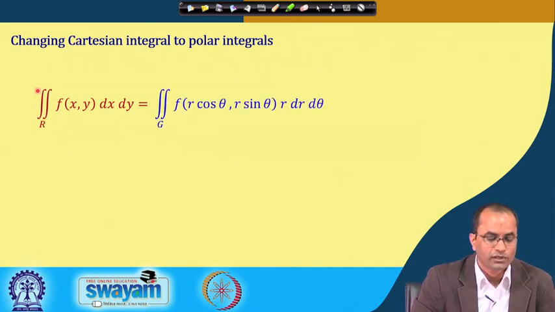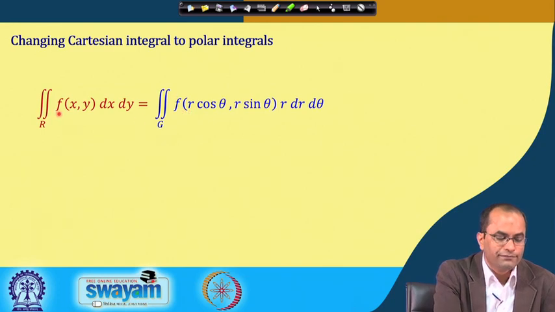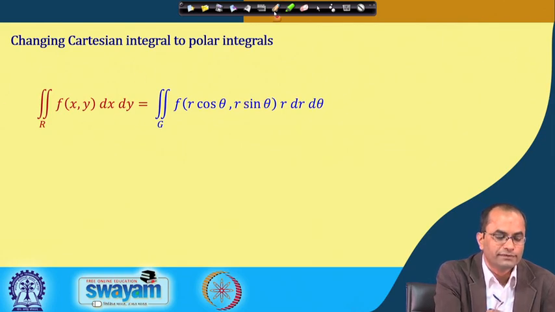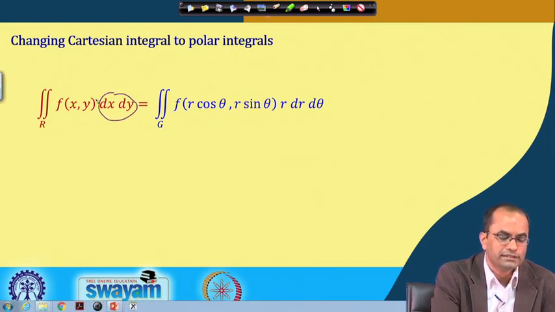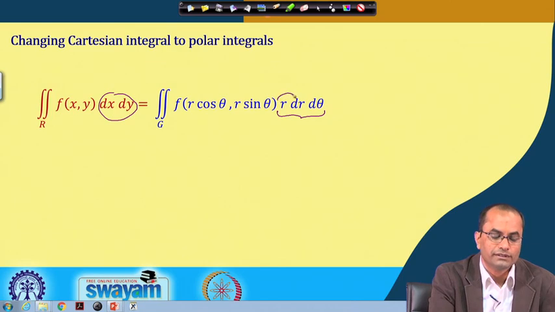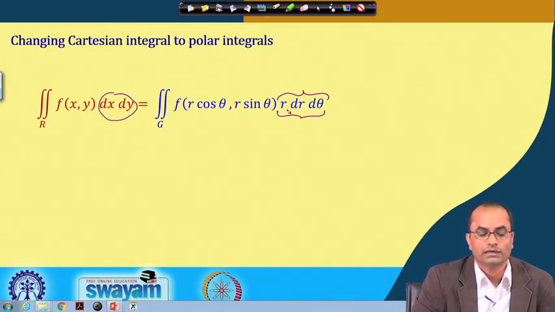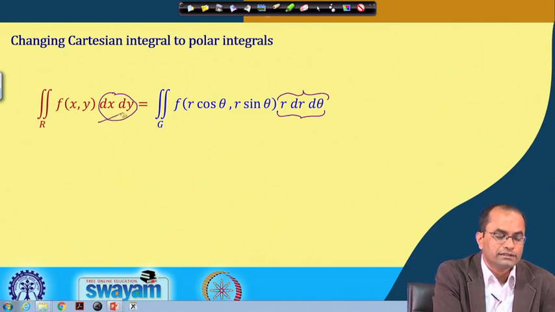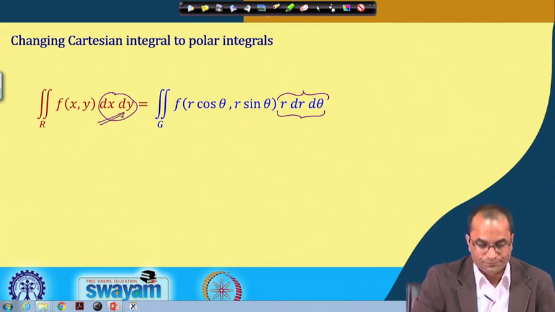So, here again f, then x will be replaced by r cos theta, y will be replaced by r sin theta, and this dx dy factor, that is important, will be replaced by r dr d theta, because the area of the small region which we have just seen, in the case of polar coordinates comes to be r dr d theta, while in the Cartesian case it was dx dy.